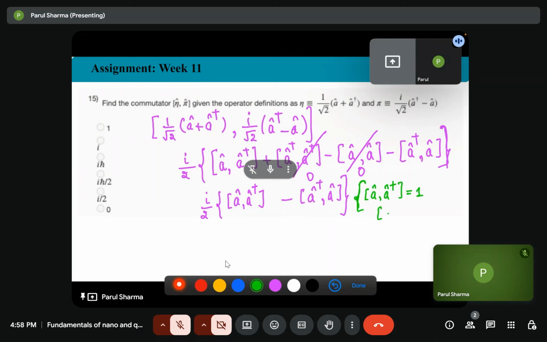Hence, a dagger a is equal to minus 1. So we will substitute the values: iota by 2 into (1 minus minus 1), so that is iota by 2 into 2, and we will get iota. So the correct option is iota.